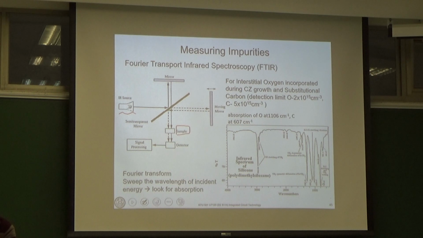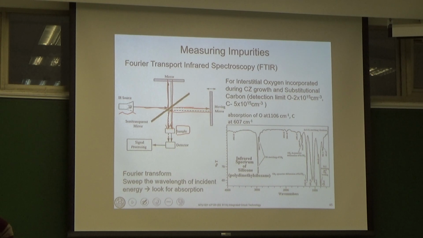The IR light source goes to this semi-transparent mirror and is split into two arms. The first one goes here and is then reflected down to your sample. The other half of the light is transmitted through, reaches this mirror, is reflected back to the semi-transparent mirror, and then goes downward.